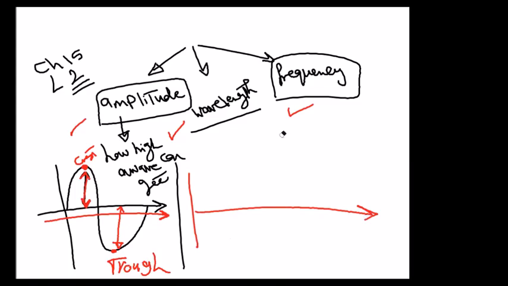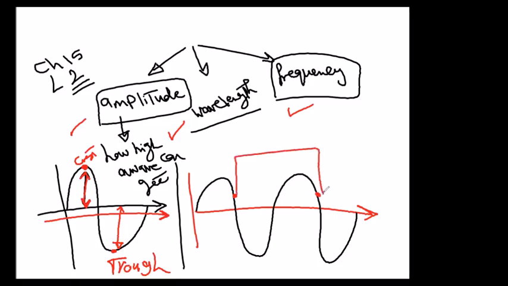Wait a second. Okay, so we have now two waves. As you can see, again, the wavelength is the distance from one point on a wave to the same one on the next wave.